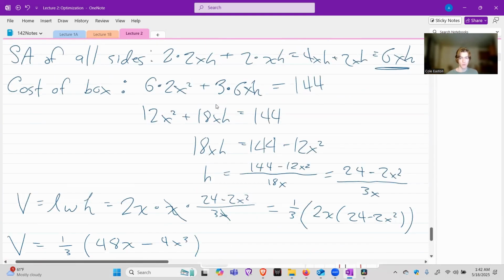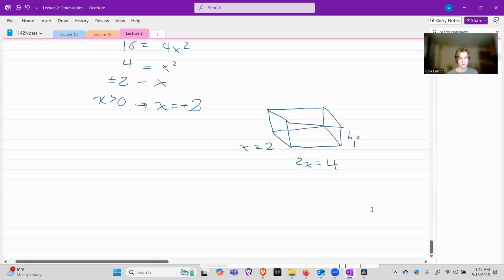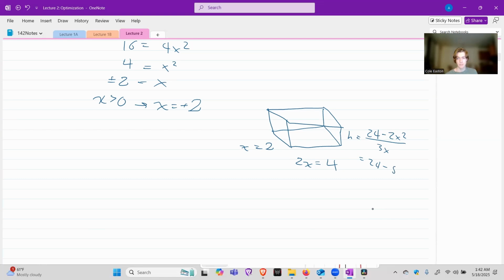So our h was 24 minus 2x squared over 3x. So that's going to be 24 minus 2 times x squared. So that's 2 times 4, which is 8, over 3 times x. So that's 6. So 24 minus 8 gives us 16 over 6, which is 8 over 3.